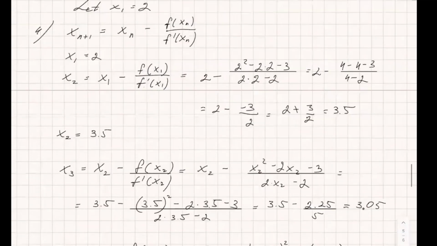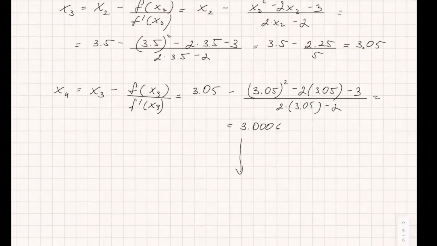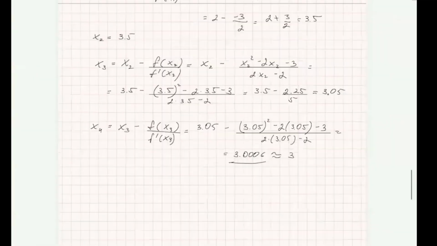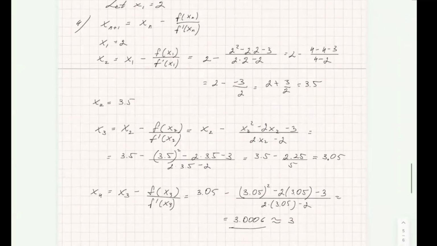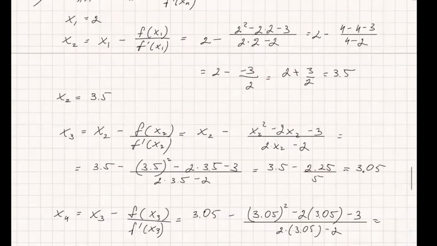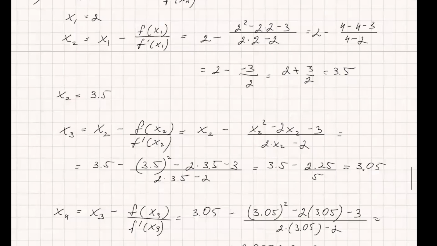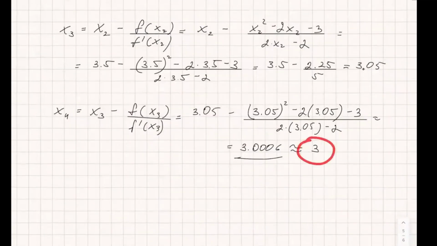So if you continue doing those iterations further and further, eventually you will get very close to 3. I think this is a good place to stop, because the next iteration will have more zeros. I already see that I'm approaching 3, right? So this is how you can use Newton's method and formula to approximate where your roots are.